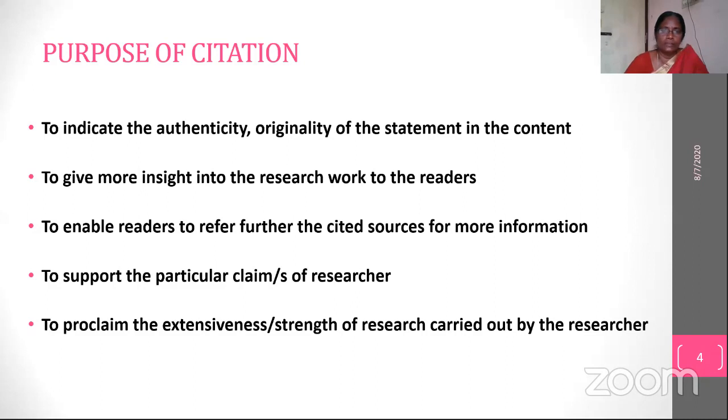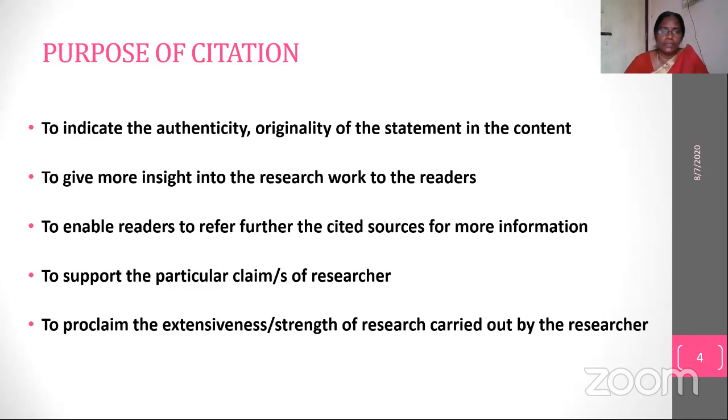They must have some enlightenment and begin to feel that it is correct, appropriate, and unbiased. That's why we give references, either in the form of footnote or endnote.